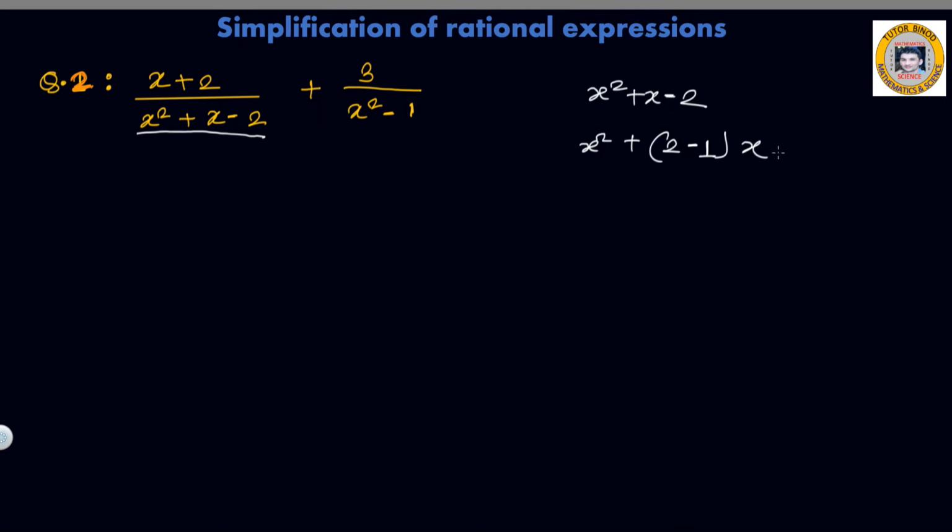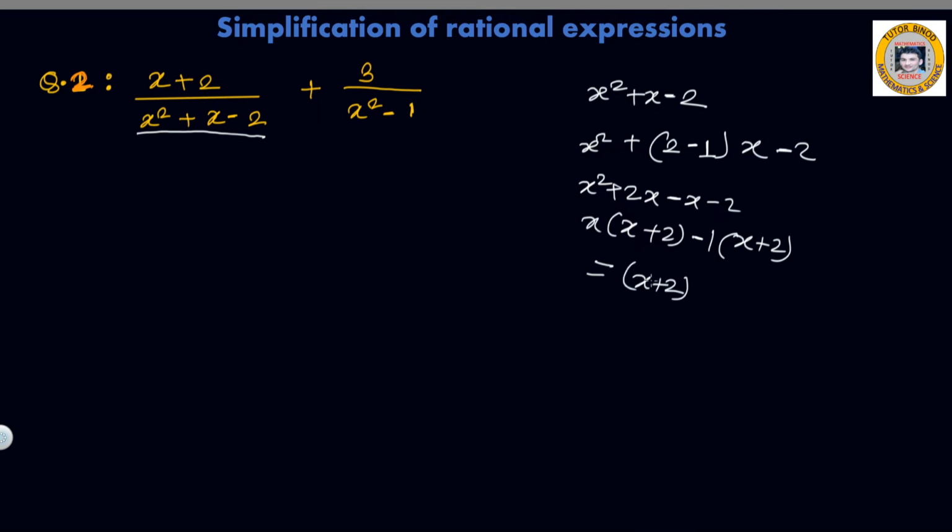So x square plus 2x minus x minus 2, which would give me x common, x plus 2, and minus 1 common, x plus 2. So my factors are x plus 2 and x minus 1.